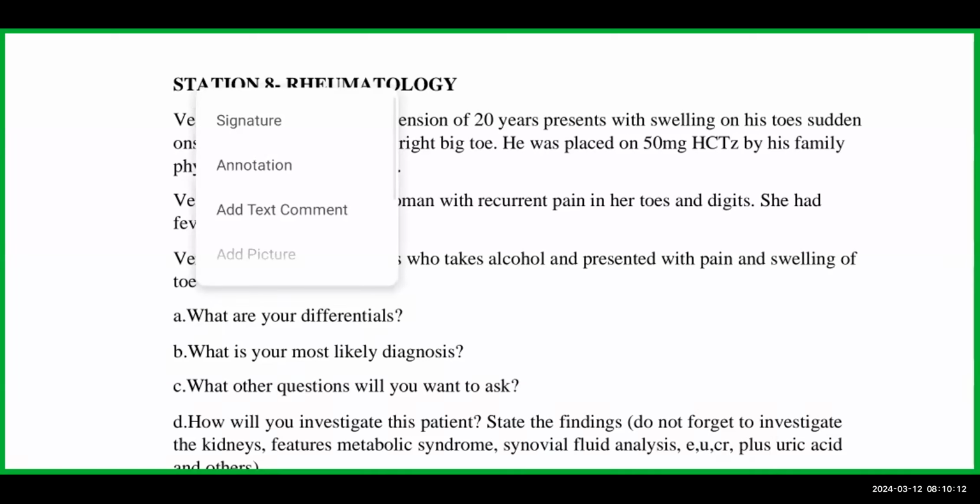But even gouty arthritis can come with fever. It's just the flank pain that is kind of confounding.